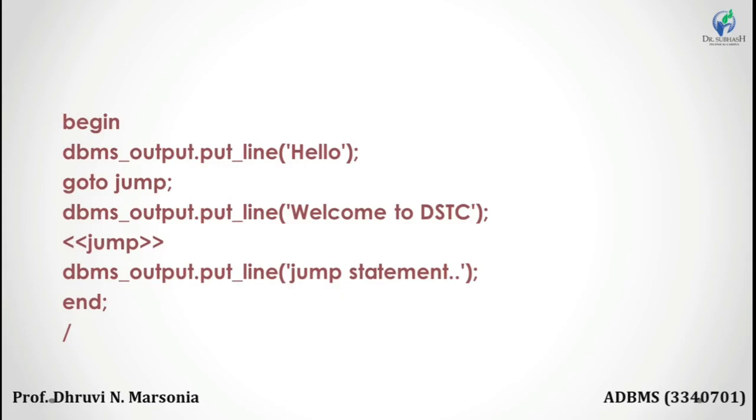So what will happen here? The cursor skips the welcome to dstc statement and directly goes to the jump statement. So the output of this code is first hello and after that the jump statement. This jump is an unconditional jump.